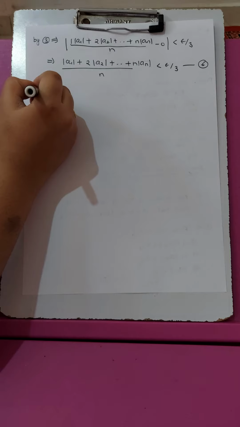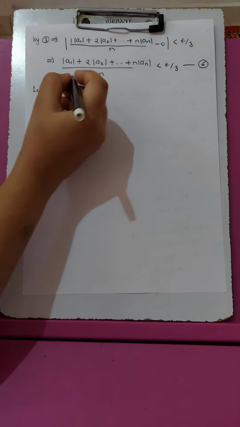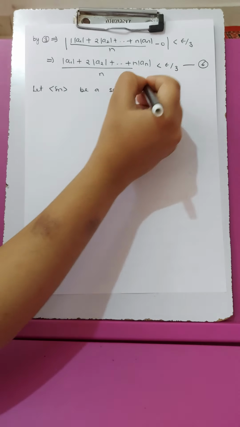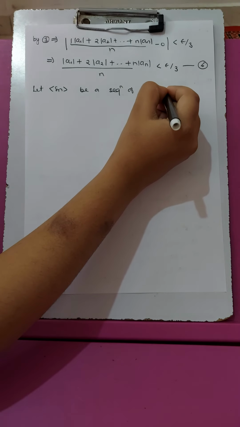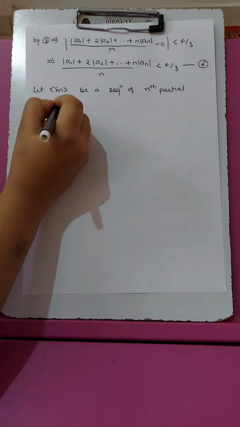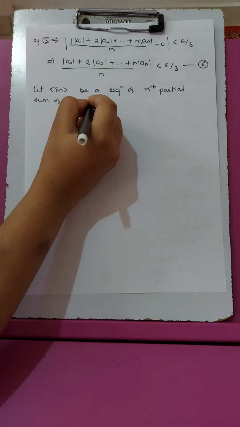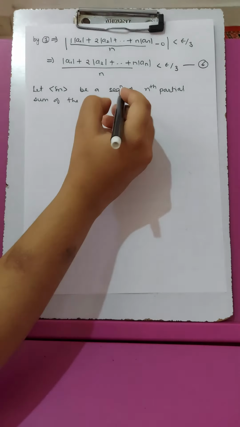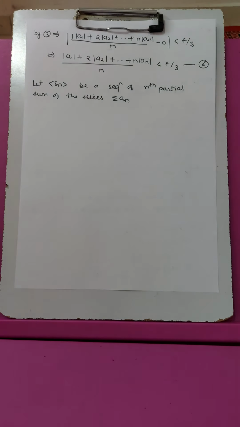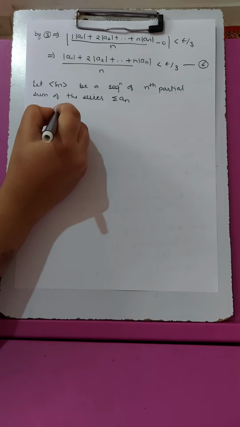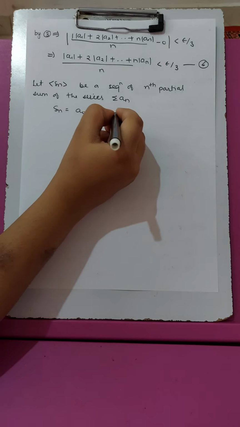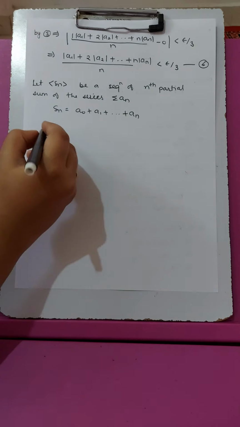Now let the sequence S_n be the sequence of nth partial sums of the series summation a_n. Therefore S_n is equal to a_0 plus a_1 and so on plus a_n.